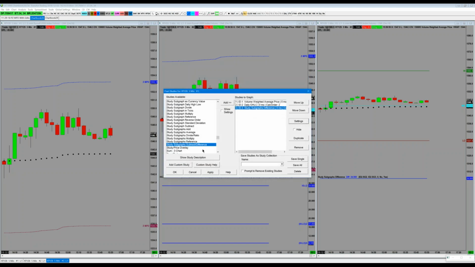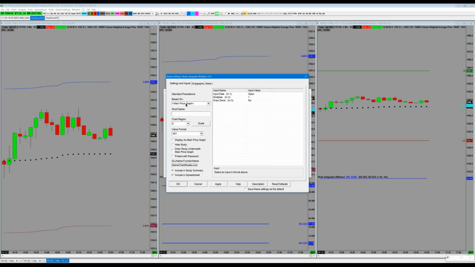Now we want half this value, so we're going to use another arithmetic study. It's called study subgraph multiply. I'm just going to add it. In the settings section, we're going to be basing this study on the difference that we just created, not the main price graph.